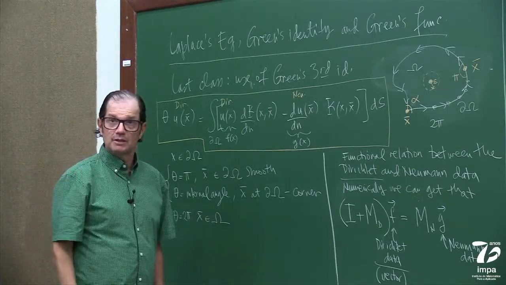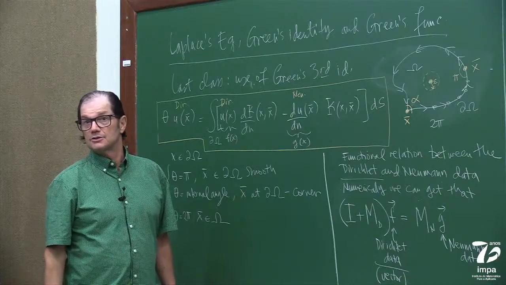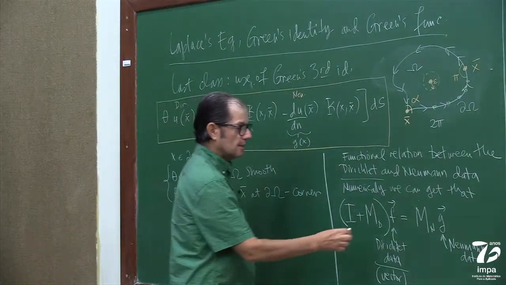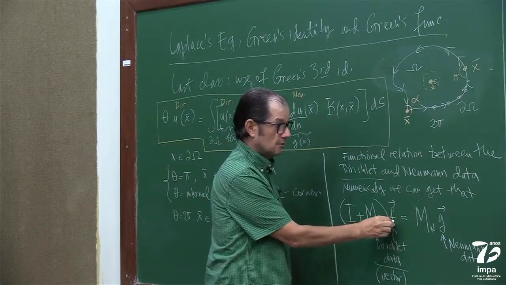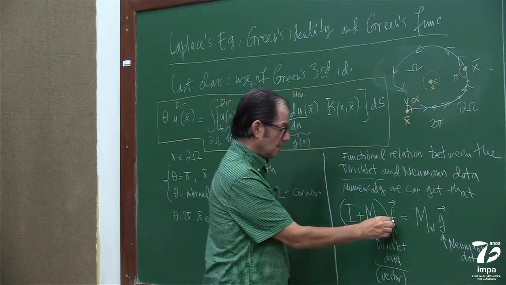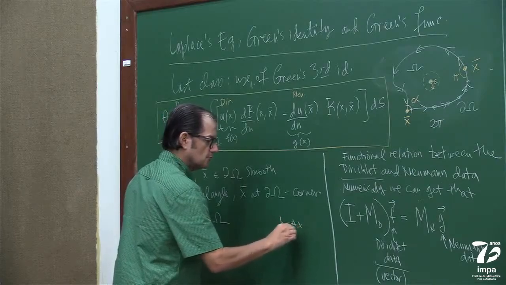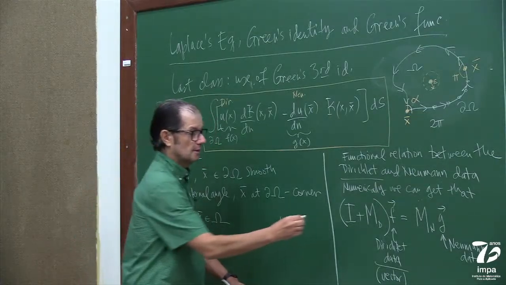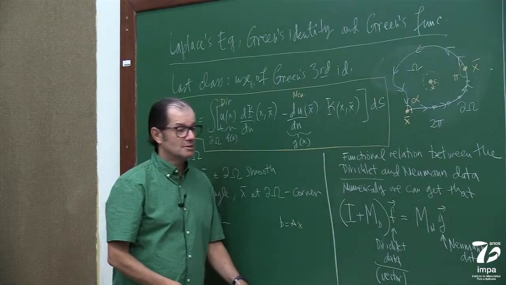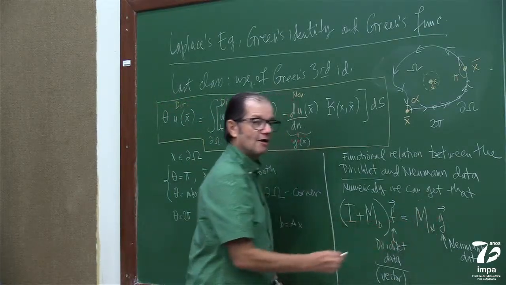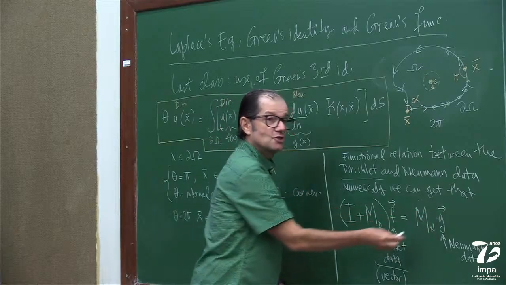If you give me the Dirichlet data, you say, André, we're solving a Dirichlet problem, that means I have this. And my problem becomes, let me write here, b equals Ax. This is the b, because I know this. This is the A, and if we can solve this problem, I find my x, which is my g.